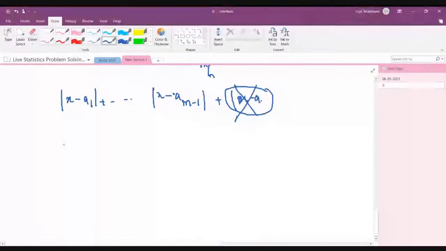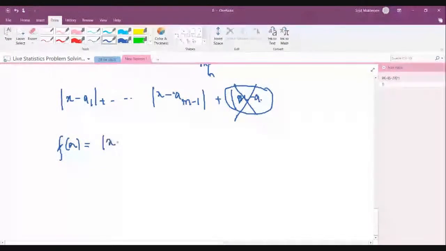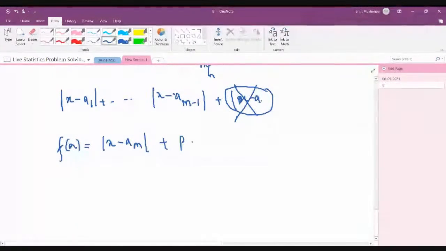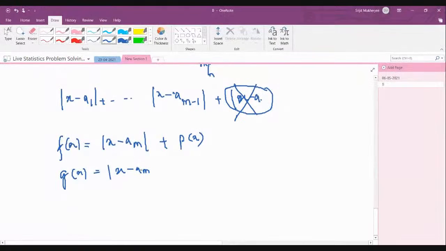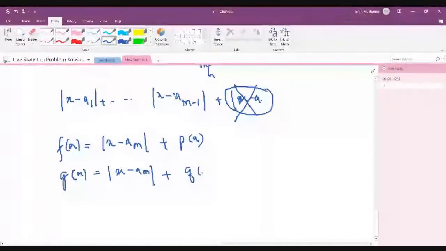We can now change f(x) to be this common part plus say p(x). And similarly, g(x) is equal to the common part, because both the numbers are same, plus some q(x), right guys? Do you understand this part, all of you? So we have that common part since one of the medians is equal.